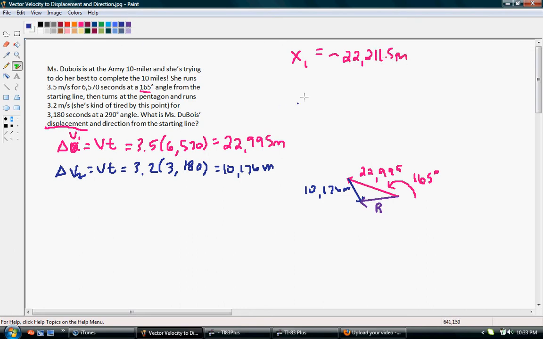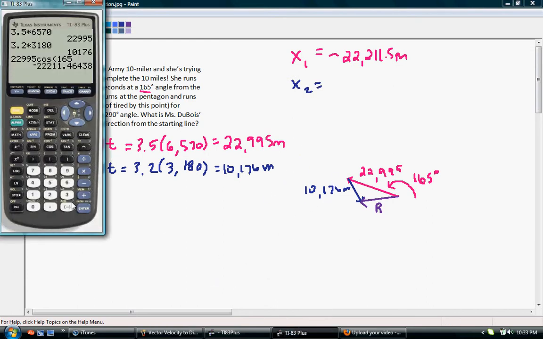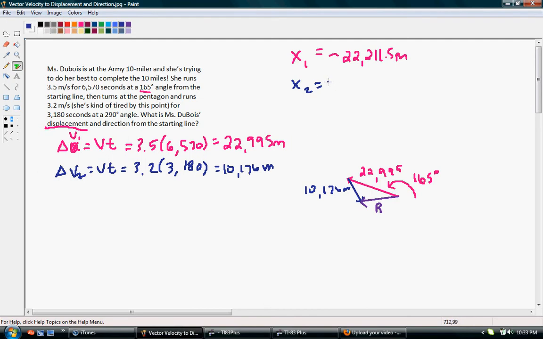Your second x displacement, x2, we'll do in blue since our second vector was blue. It'll be 10,176 cosine of our theta, which was 290, and we get 3,480.4 meters.